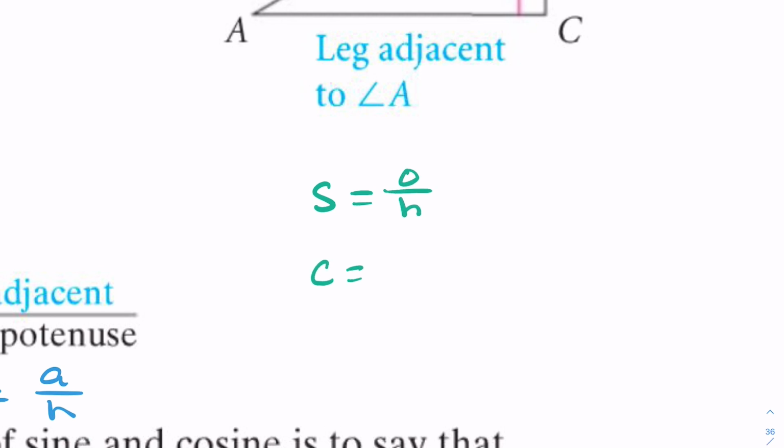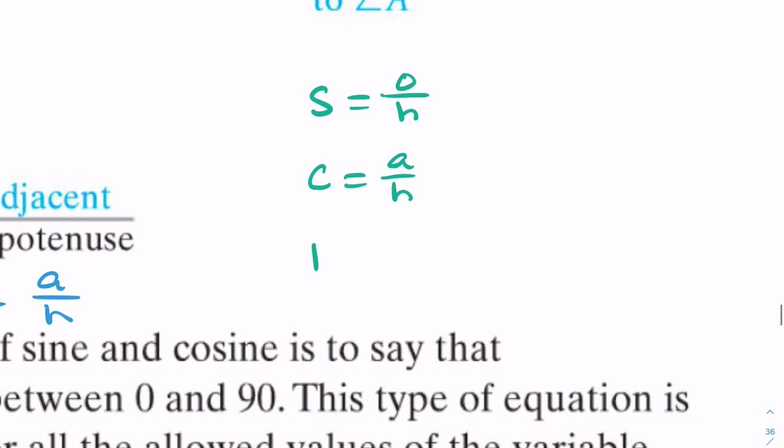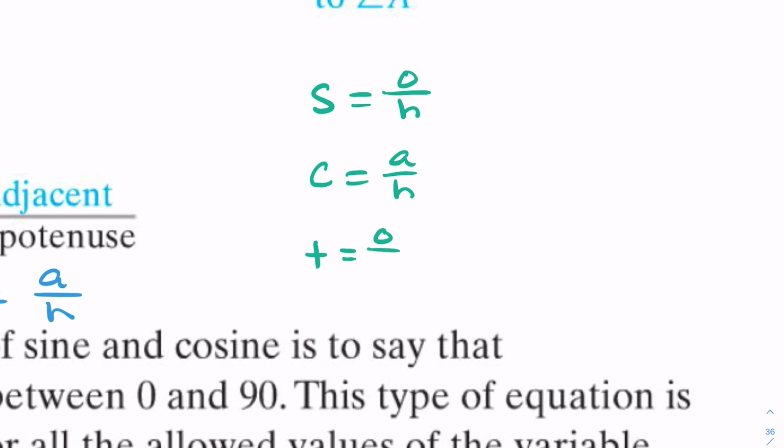The cosine is equal to the adjacent over the hypotenuse. And in my last video, we learned about the tangent, which is opposite over adjacent.